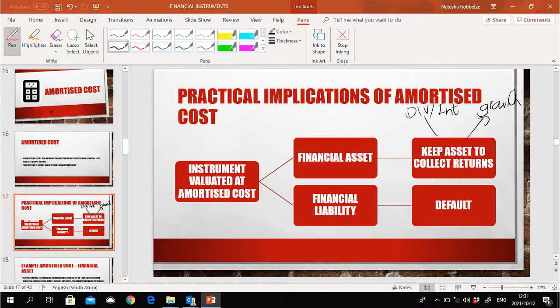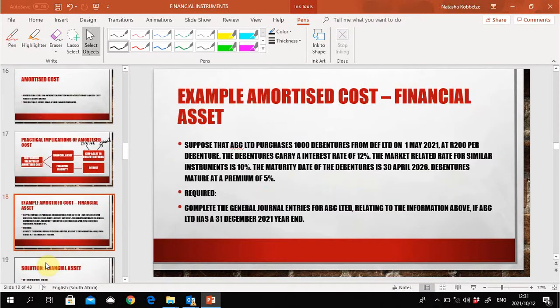The only exception to this rule is if the financial liability is kept for trading, but we will have an example of that later on. But for most financial liabilities, the default method is to use amortized cost to account for it in the books. So I've just brought an example of financial assets here.